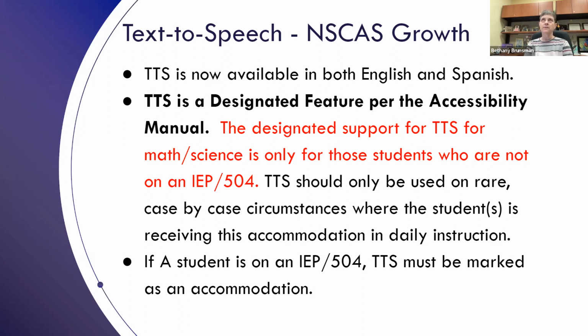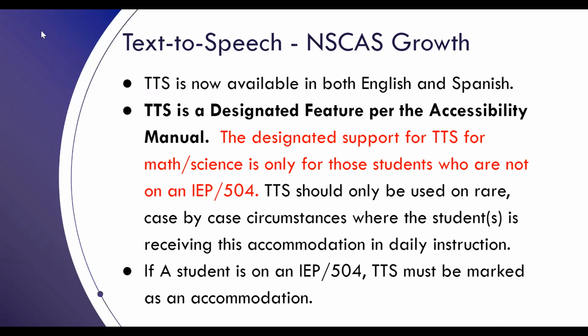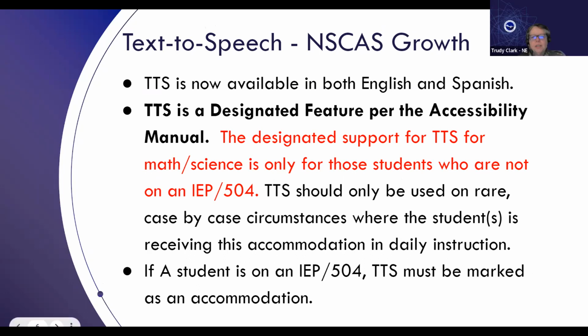But it feels like we're having a higher standard for students on IEPs than other students if there are additional criteria for students with IEPs. No, there isn't for IEPs. The additional criteria is just for those using it as a designated feature. Nothing's changed for a student on an IEP who gets text to speech. Does that answer your question?